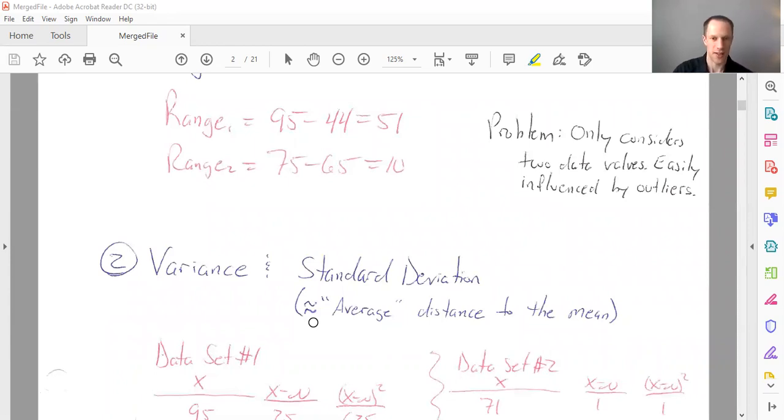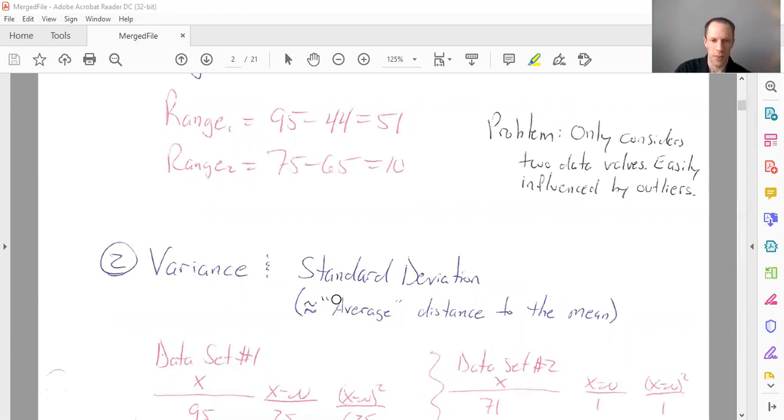Now, to calculate the standard deviation, we typically calculate something called the variance first, and then we go one step further with it and actually get the standard deviation. So variance by itself is a measure of variation, but it's really just a stepping stone to get to the standard deviation. That's why I said we've got three different ways to measure variation here, but these two, variance and standard deviation, are tied very closely together.